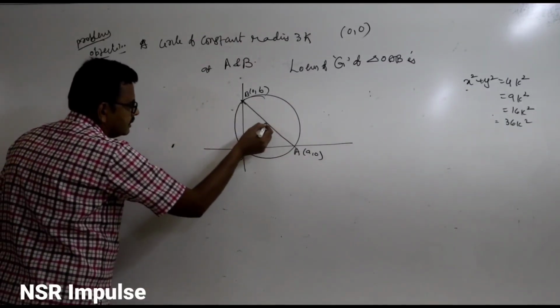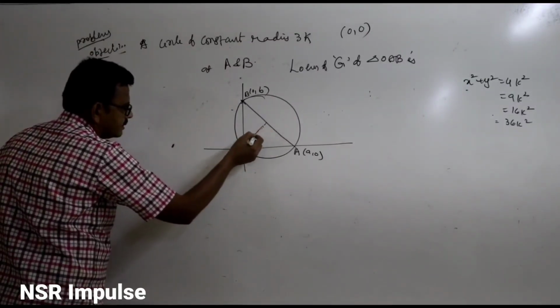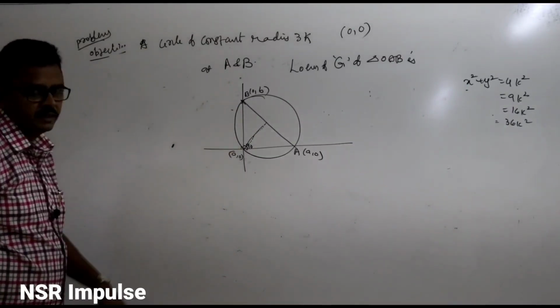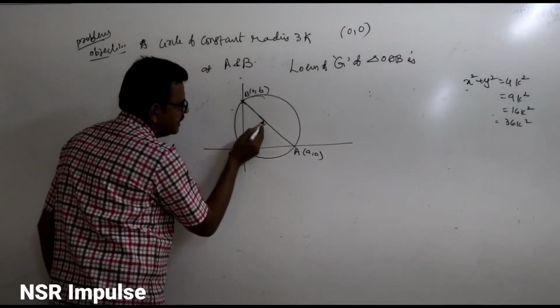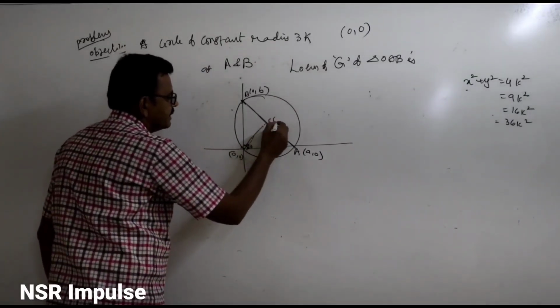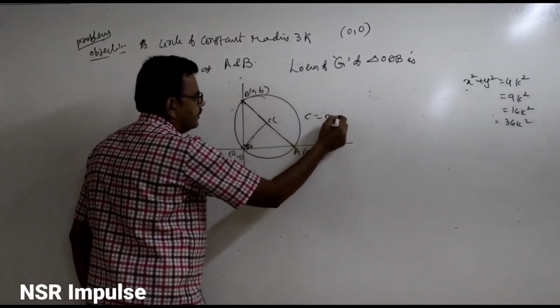So this is radius. Angle in a semicircle is a right angle. Therefore, angle is 90 degrees. Implies AB is the diameter of circle. Therefore, center of circle is midpoint of AB.